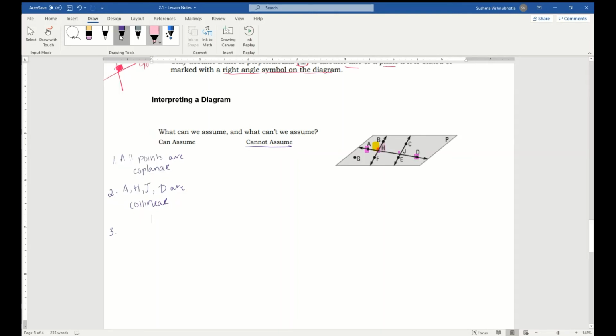And they are because they are on a straight line. So angle AHB, which is right here in the yellow, this angle right here, and BHD on the other side form a linear pair.